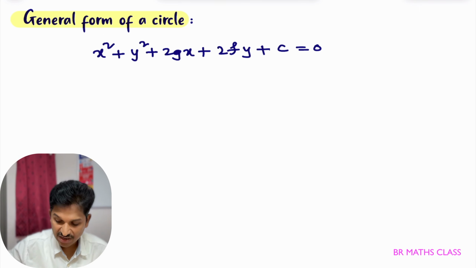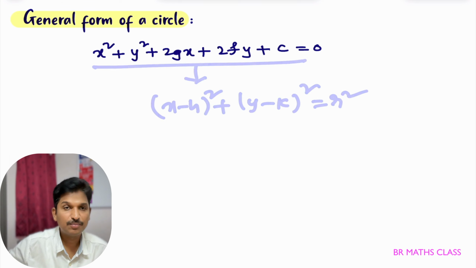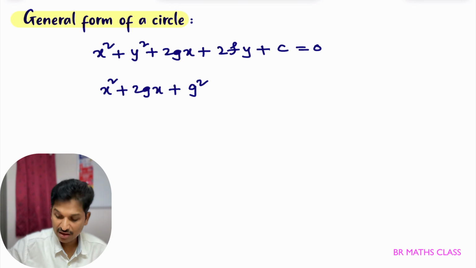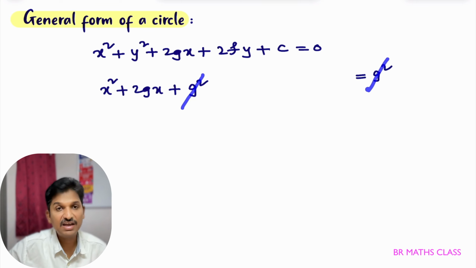Now I'll write this equation in the form of (x minus h) whole square plus (y minus k) whole square equals r square. To write into that form, first I'll write x square term and this x term plus 2gx. Now observe carefully, here I'll add g square and after the equal sign also I'll add g square. So this g square will get cancelled.